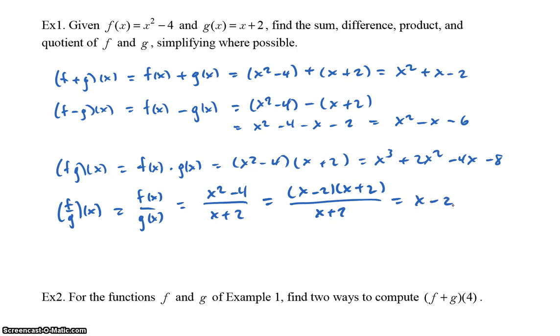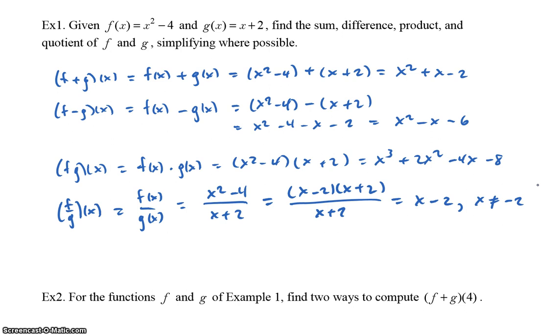Now, having done this, we should also note that the quotient is undefined when x is negative 2, because x plus 2 is in the denominator and cannot equal 0. So even though the quotient simplifies to something that is basically a non-quotient, x minus 2, we still must restrict the domain to values of x not equal to negative 2.